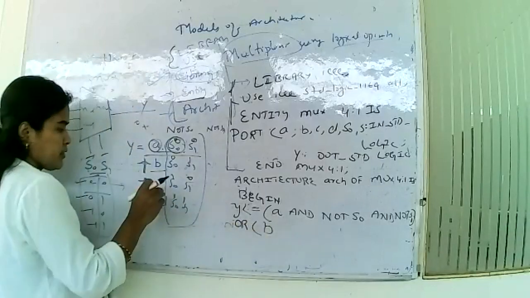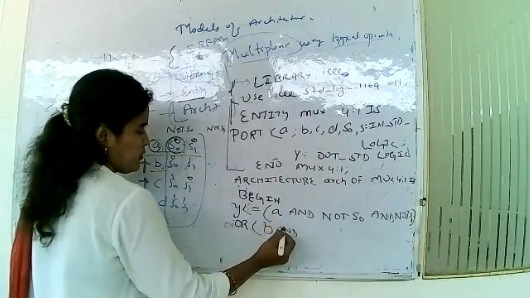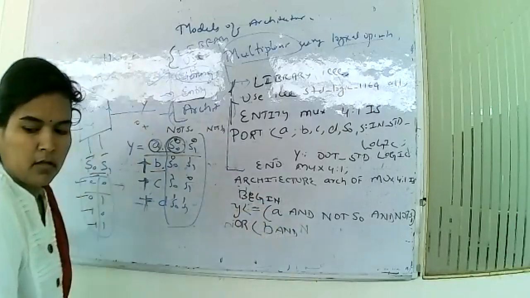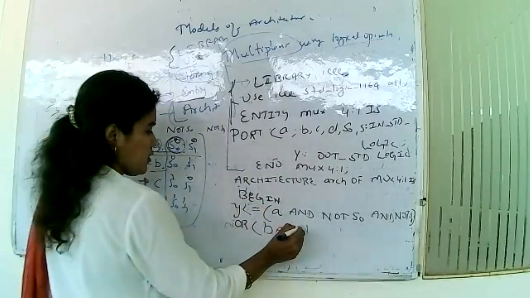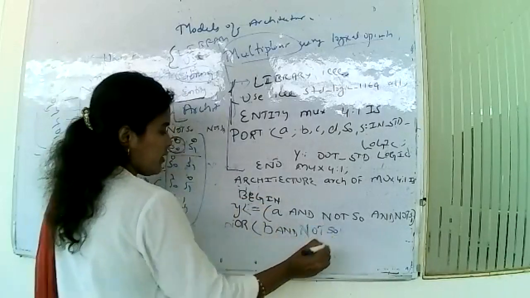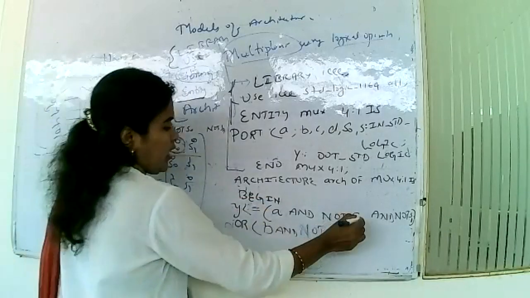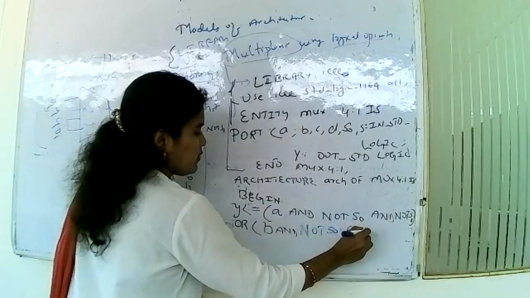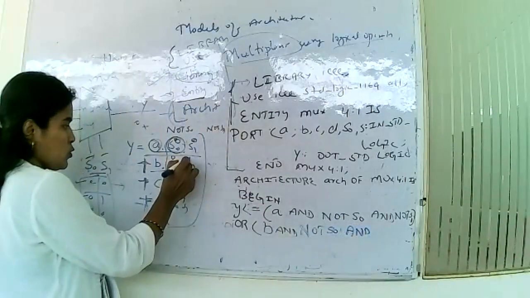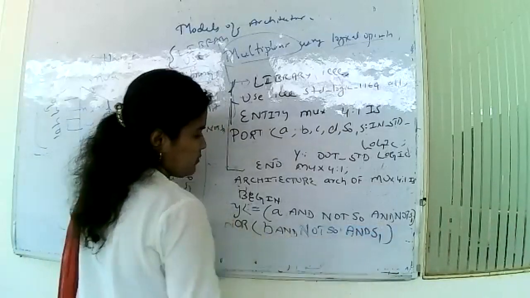B as it is. Next, B and not of S naught, and it is 1, so directly S1.